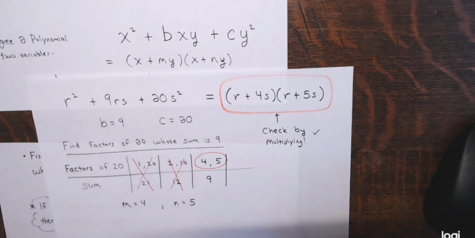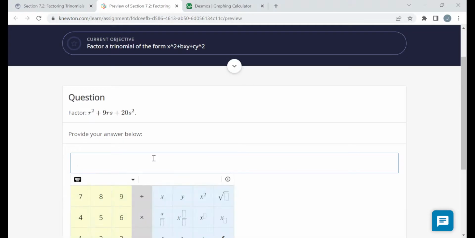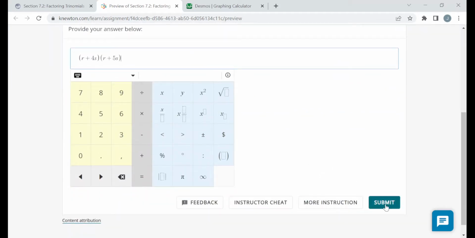You check it by multiplying it out and seeing if you get the original expression again, which I do here. All right, so back on the assignment, that's what I'm going to type. We're asked to factor this. The two factors are r plus 4s times r plus 5s, or r plus 5s times r plus 4s. Same thing.